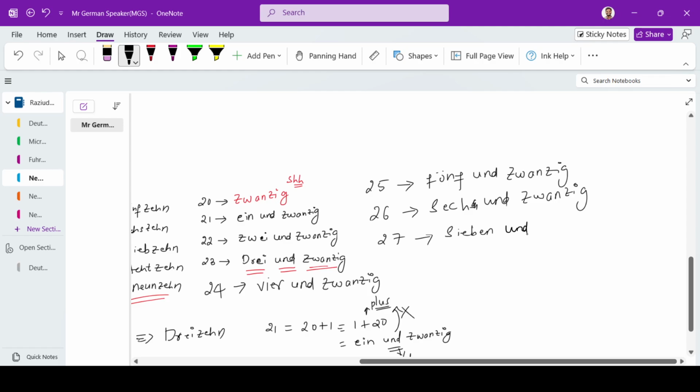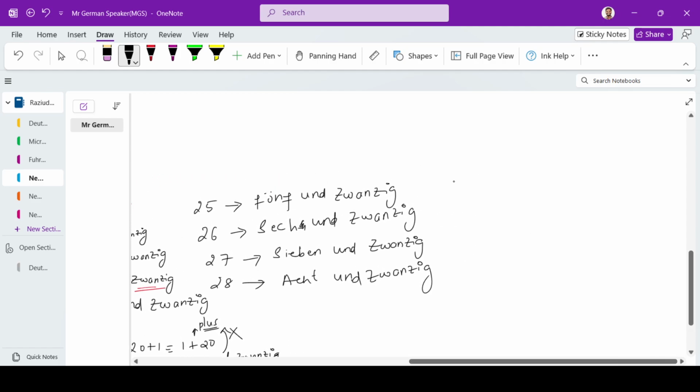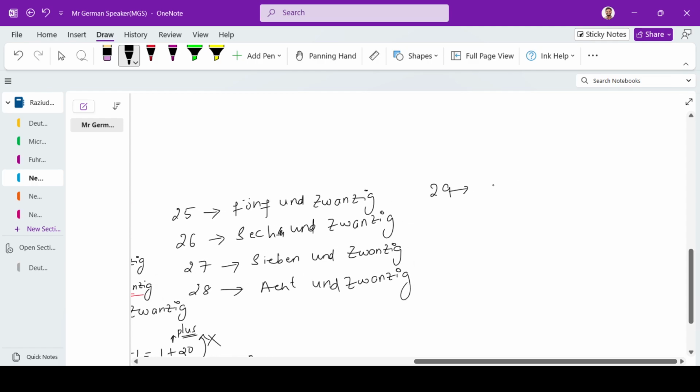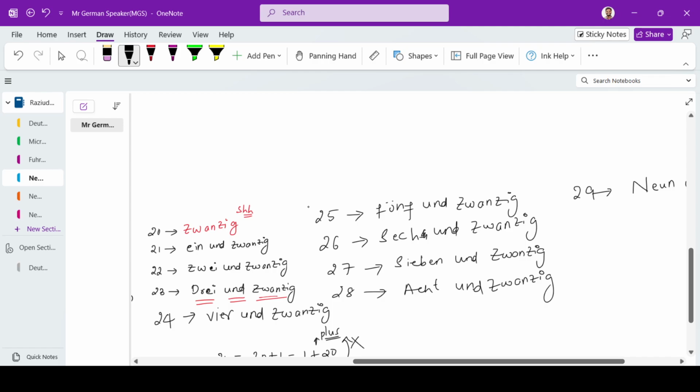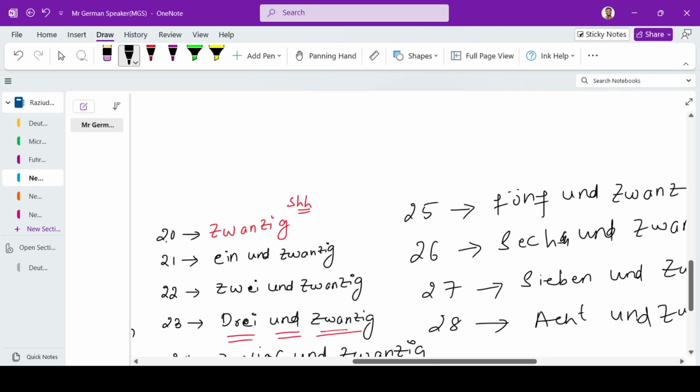So this will be sieben und zwanzig, acht und zwanzig. Okay, 29, neun und zwanzig. So from 21 until 29, the root number is 20.